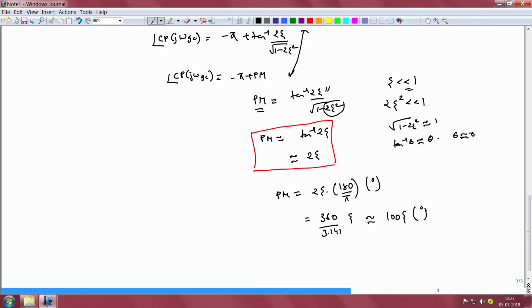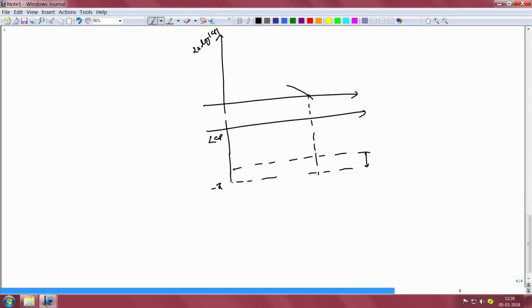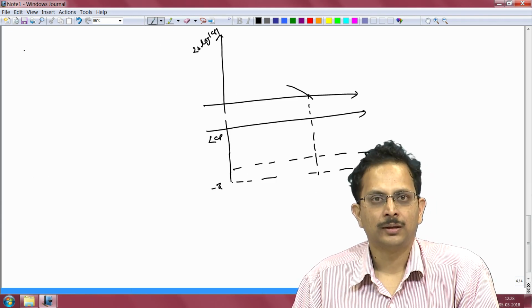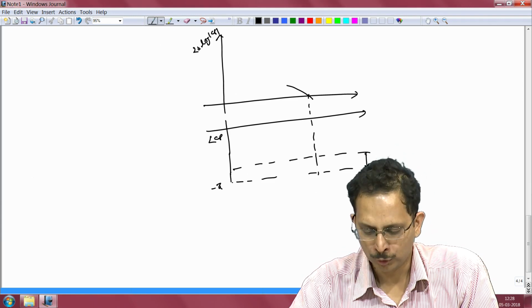So, therefore, we have now managed to successfully convert the closed loop frequency domain specifications into corresponding open loop frequency domain specifications. In particular, I have sketched here the Bode plot of our open loop system.